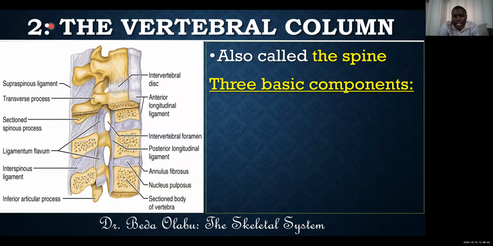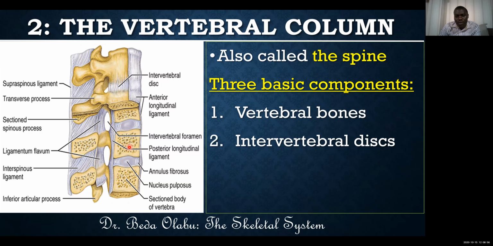Vertebral column has three basic components. You have the vertebral bones. These are the vertebrae. The joints between the vertebrae are known as intervertebral discs.